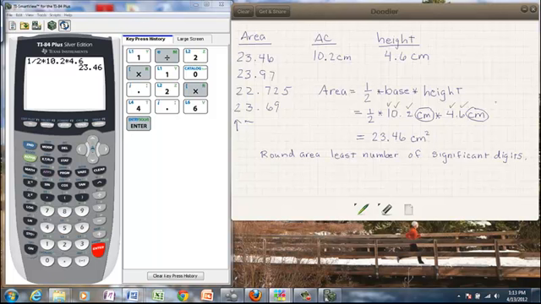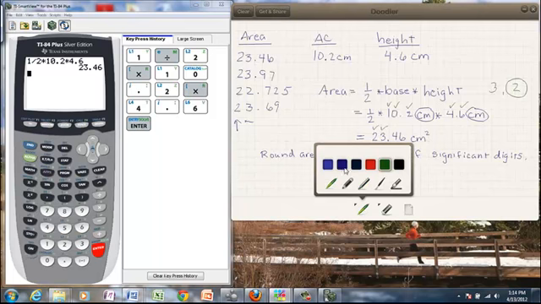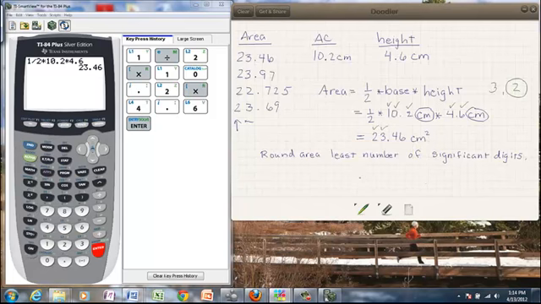So since one of them has 3 significant digits and the other one has 2, we want to round to the least number of significant digits, which is 2. So I want to round this 23.46 to 2 significant digits. So my final answer I would write as, that squiggly equal means approximately, 23 centimeters squared.